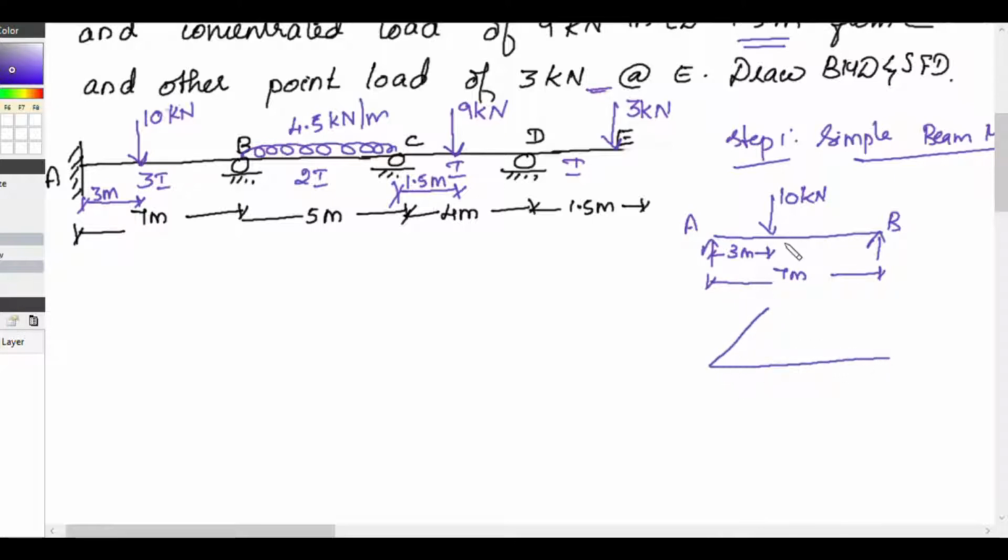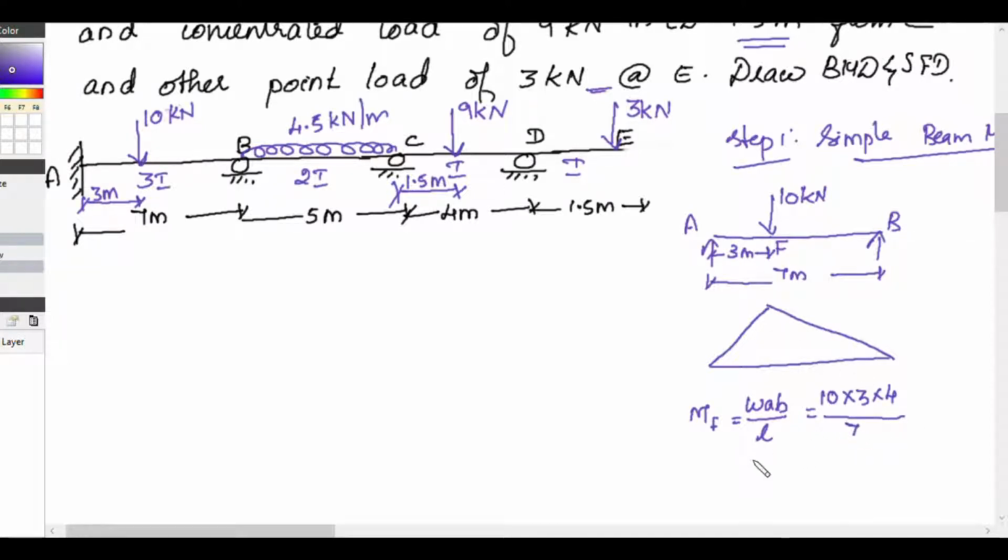We know our simple bending moment diagram will have a maximum value at this point, which we will take as F. So at F we will have the maximum value. Our MF will be equal to W a b by L. Here W is 10, a is 3 meter, therefore b is 4 meter, divided by length 7.